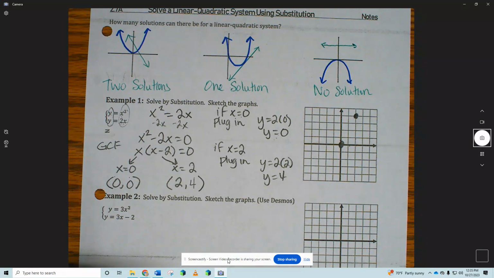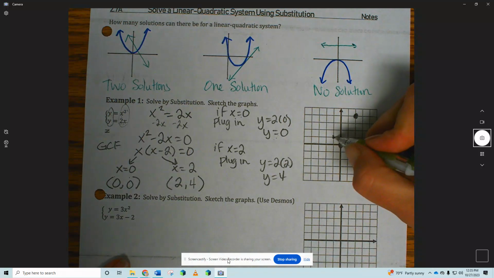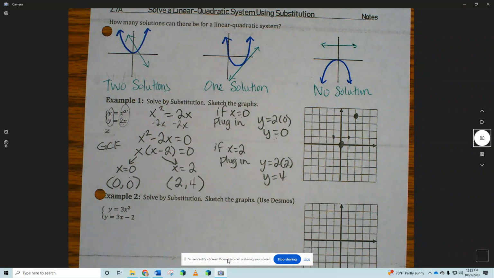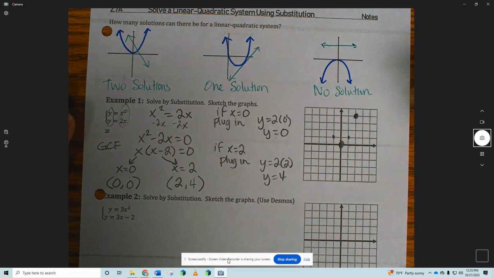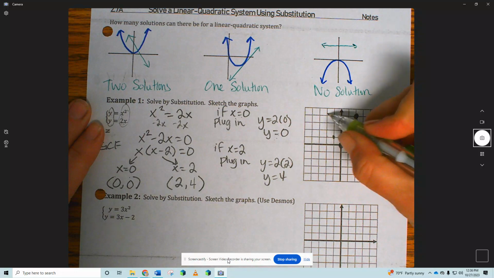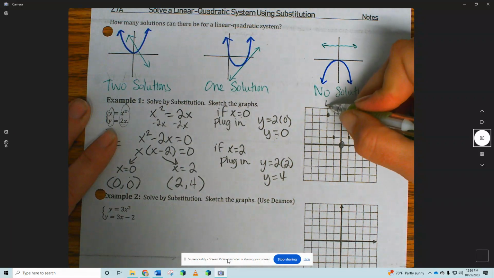Up 1, right 1. What do I do the next movement? Remember, I'd be like up 1 over 1. Over 2 up 4. Yay, you're best. Okay. Draw the parabola.